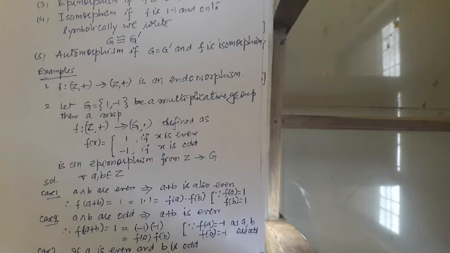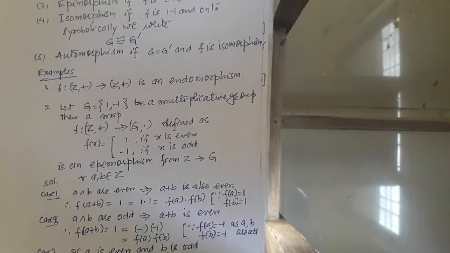This function is said to be an endomorphism. We can show that the morphism property holds, and the domain and codomain are the same, so it will be an endomorphism.